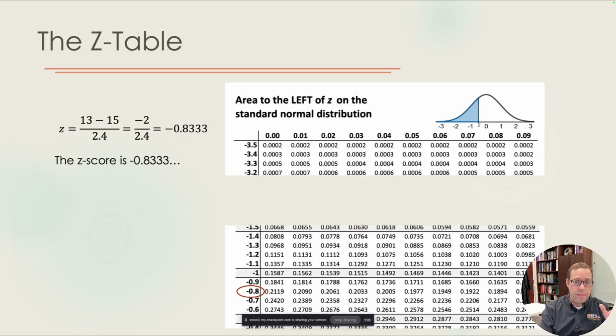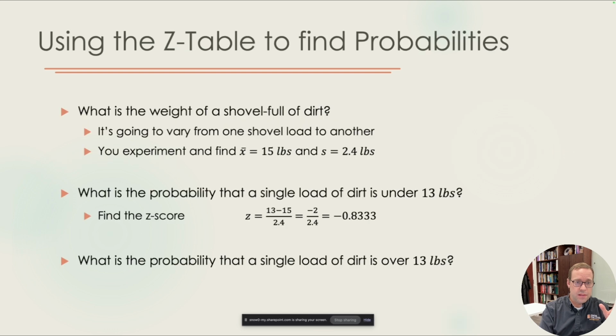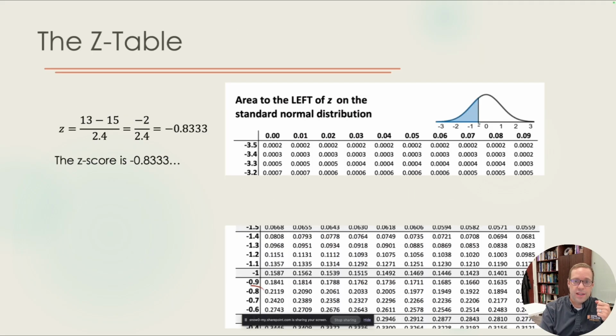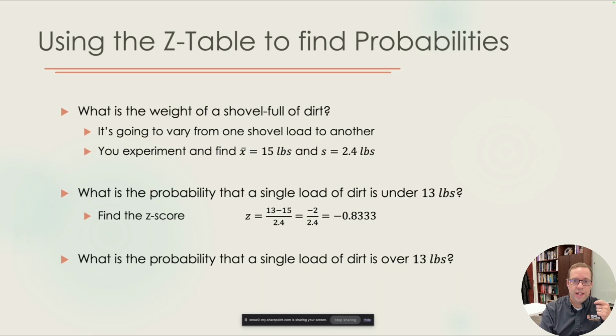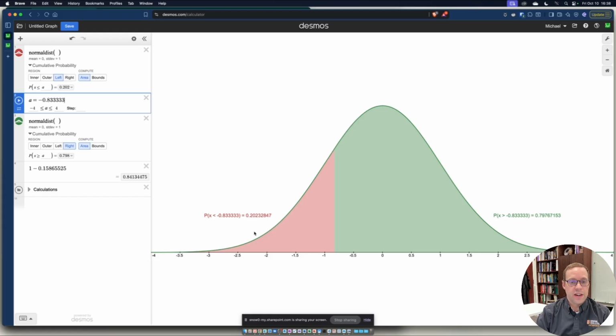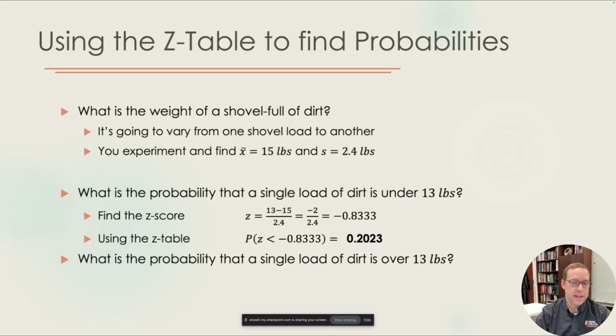Back to the problem. Let me back up here. So we've got the shovelful of dirt, average of 15, standard deviation of 2.4. We found the z-score of negative 0.83. We found where that met. That meant we have a probability of 0.2033. I believe, yes, I used the value from here, 0.2023, so forgive me for that one.